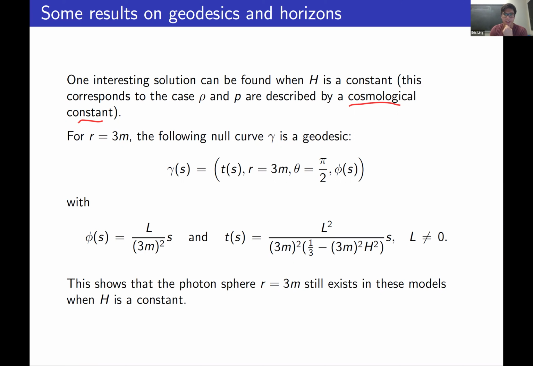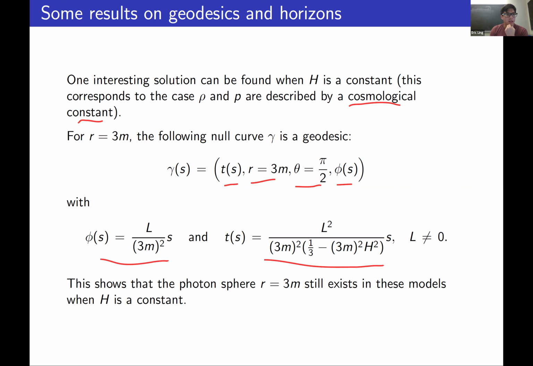So the following curve, gamma of s, which is t of s located at r equals 3m and theta equals pi over 2, and phi of s, where t and phi are just linear functions in s, and L represents the angular momentum of this geodesic. And so one can show that this actually does solve the geodesic equation, which shows that the photon sphere at r equals 3m should still exist in these models when h is a constant.